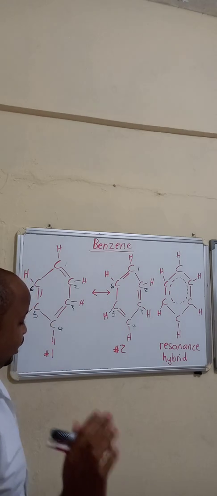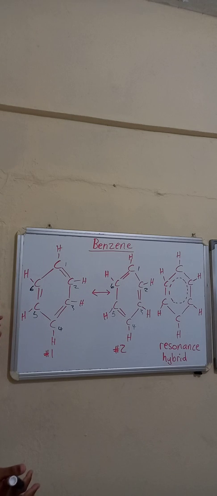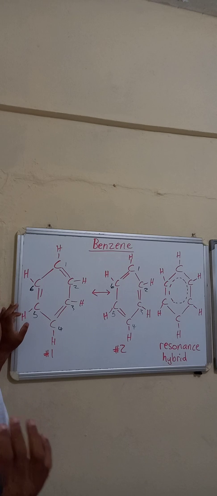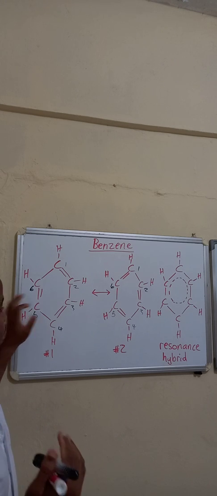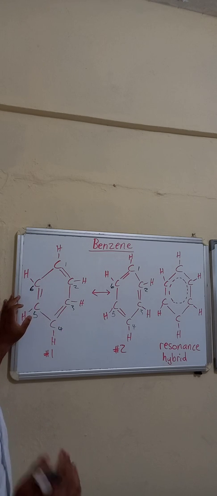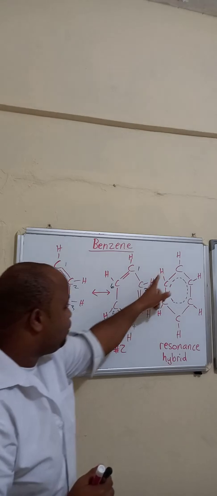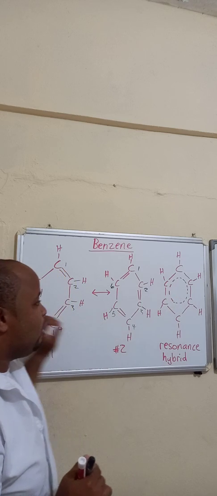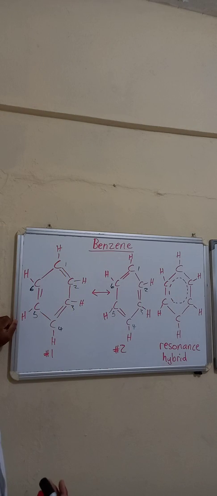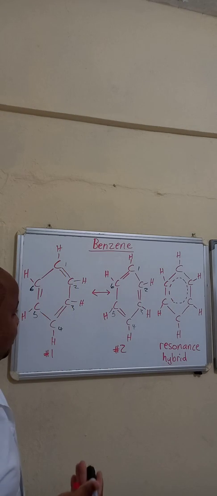So, in terms of the structure of benzene, it is a system of delocalized pi electrons. The pi electrons are not between any specific carbon atoms. They are distributed among the 6 carbon atoms, right? It is resonance.